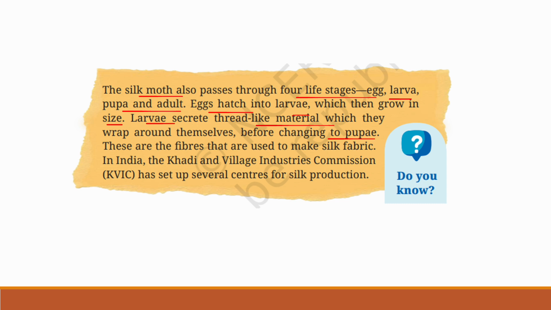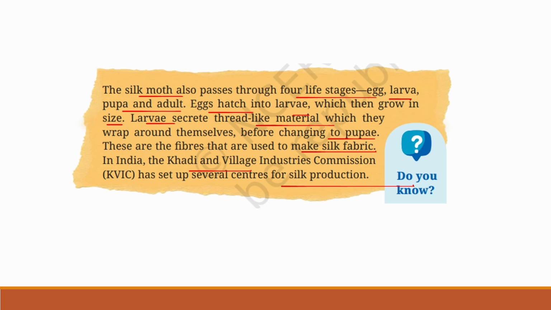These are the fibers that are used to make silk fabric. In India, the Khadi and Village Industries Commission (KVIC) has set up several centers for silk production. So the 4 life stages of a silk moth are egg, larva, pupa, and adult.